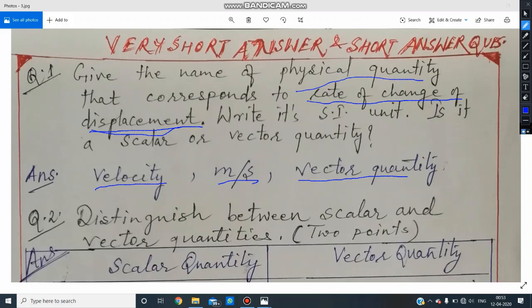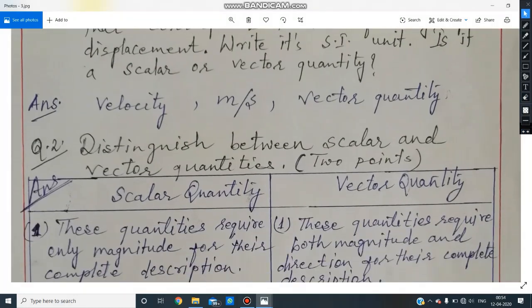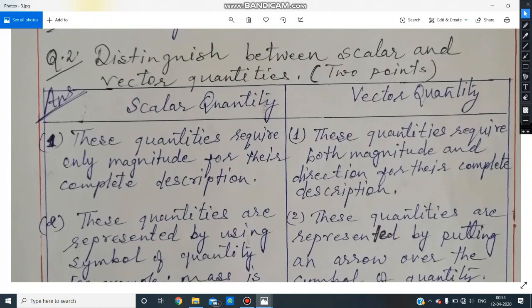Moving to the next question, let's see what's the query. A simple question. Distinguish between scalar and vector quantities. Here they are asking you for two points. The first point, you can recall the definitions of the quantities and give the difference.